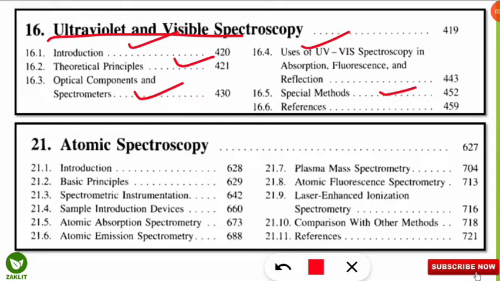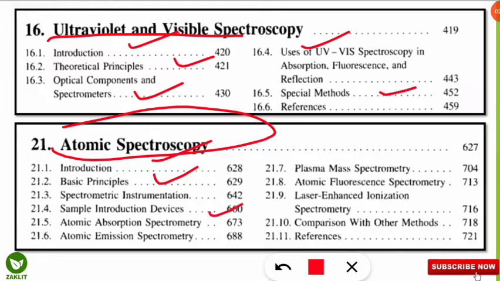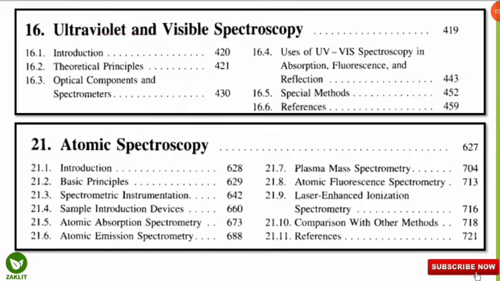So all this comes in a single chapter. Similarly, for atomic spectroscopy you can get the basic principle, its introduction, and the kinds of atomic spectroscopy, so it is atomic absorption spectrophotometry, atomic emission spectrometry. So all this variety you will get under the atomic spectroscopy unit of this PDF. I will show you some more examples.